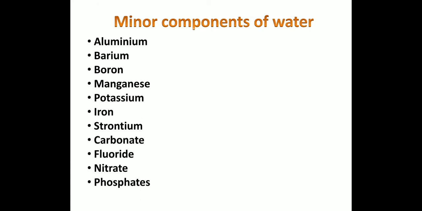Then we discussed barium and its definition, and in this way we discussed boron, manganese, potassium, iron, strontium, carbonate, fluoride, nitrate and phosphate.